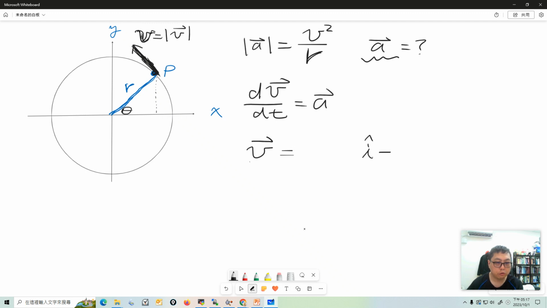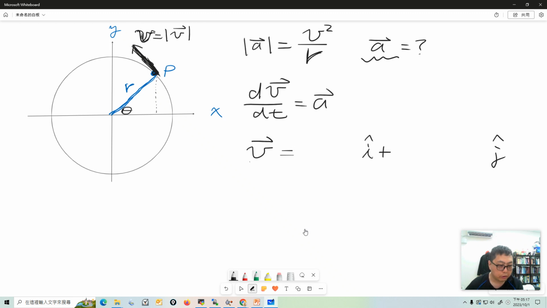So can we write down the velocity vector? We have the magnitude of velocity v, and the point P here is at angle theta with respect to the horizontal axis, counterclockwise. Can we write down the velocity vector?